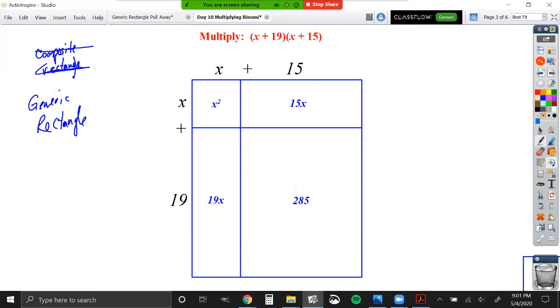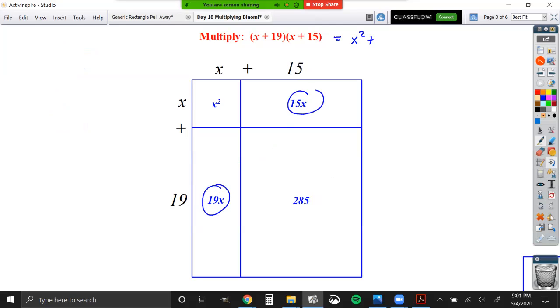Instead of drawing 285 unit tiles, oh my gosh, that'd be horrible, I'm just going to write 285. Yay! So I end up with the answer to this problem being x squared plus the total of my x's, well, that looks like 34 x's, plus 285.